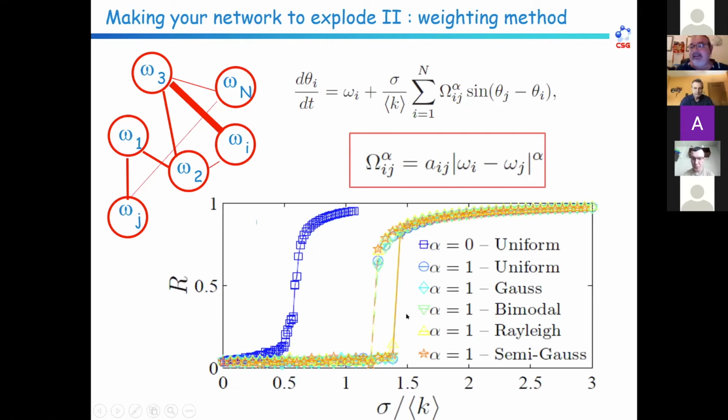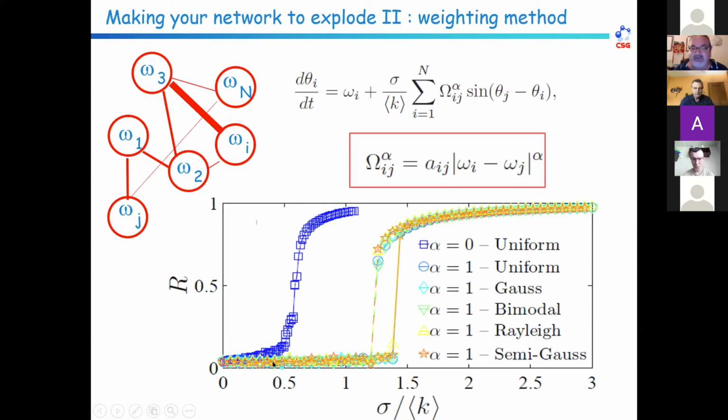If you do it like this, when alpha is equal to 0, basically you are not weighting, because with alpha equal to 0 this term is always 1. You obtain a second order transition, smooth, continuous, reversible, everything. When alpha is equal to 1, you obtain something very nice: a sort of universal transition, which is independent of the frequency distribution.